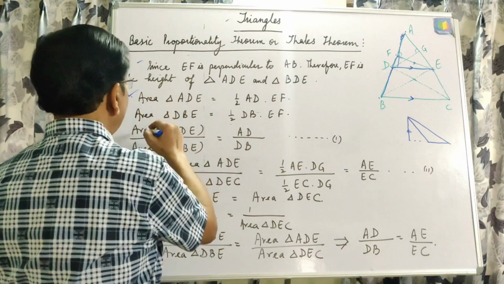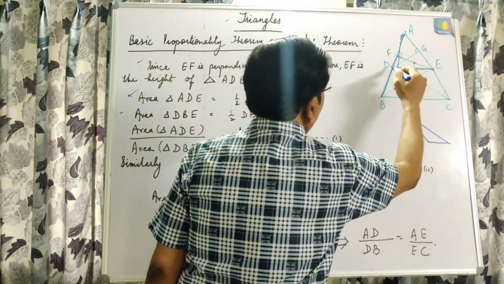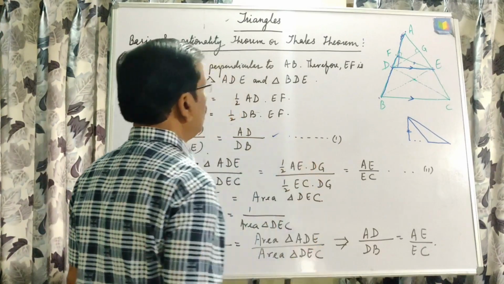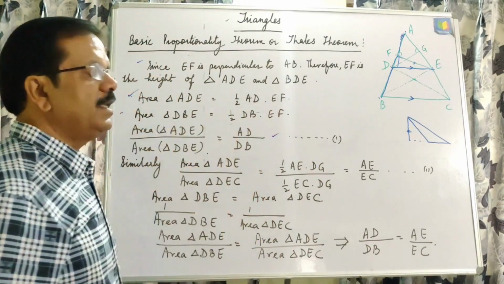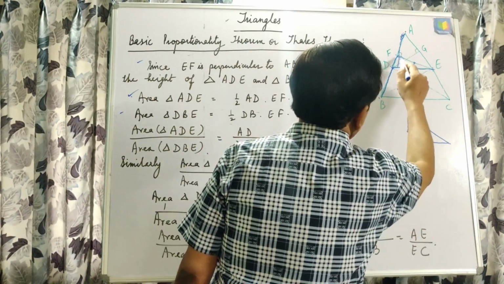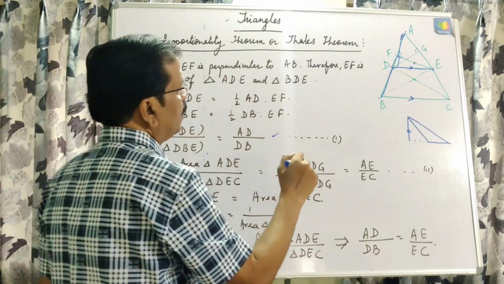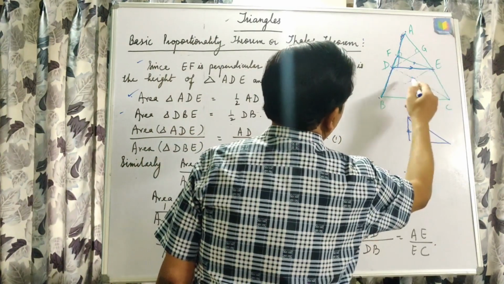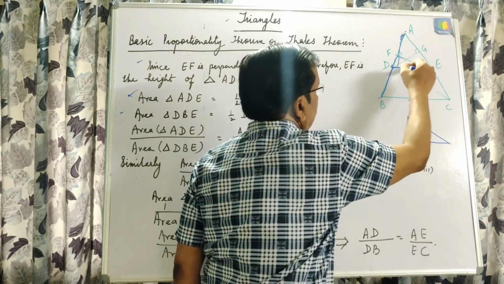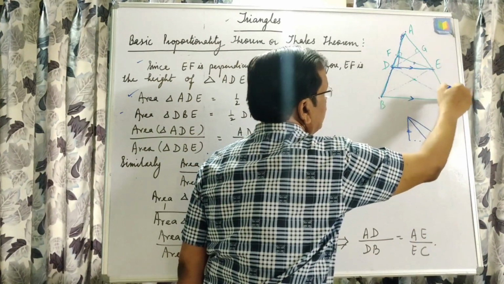Okay, and then dividing, area of triangle ADE upon area of triangle BDE is equal to AD upon DB, because EF will be cancelled. Second thing: area of triangle ADE upon area of triangle DEC. In the first case, I have taken this triangle and this triangle. In the second case, this triangle and this triangle.